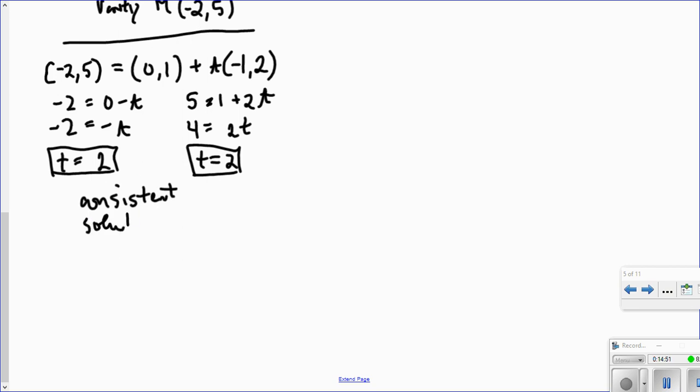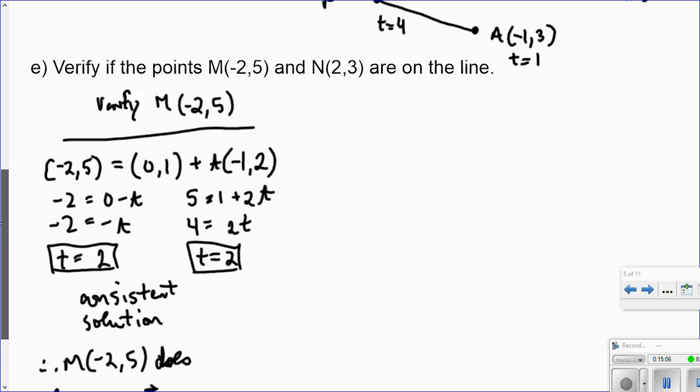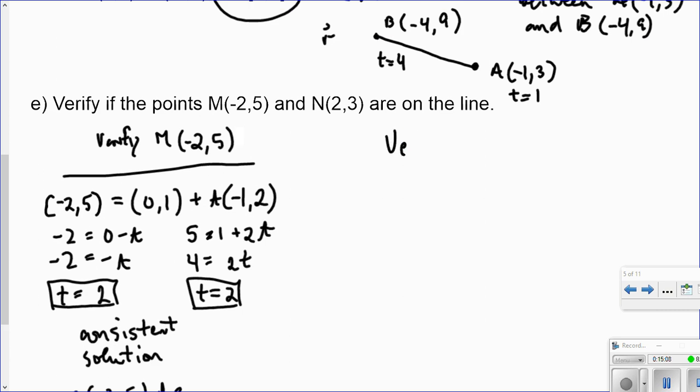Therefore, M (-2, 5) does lie on my vector equation. Now let's verify N here, that's (2, 3).